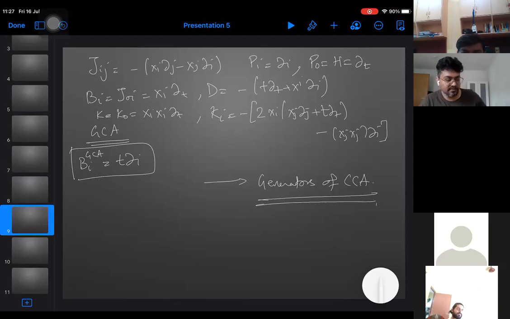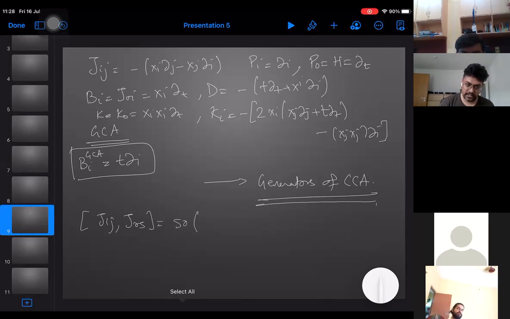Now, similarly as before, these generators satisfy the algebra. So I'm only going to write the non-zero commutators, but there are more. So basically it's just given by this. This is the rotation part.